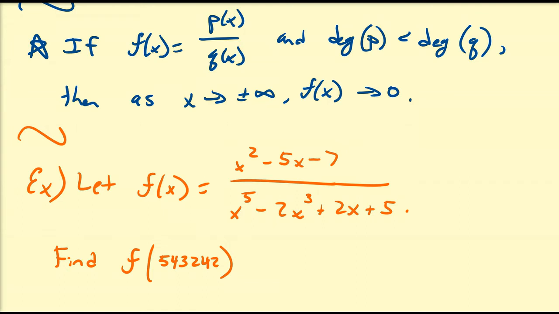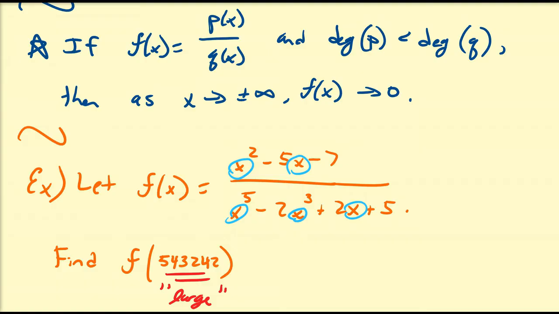So we could plug this into this function. Everywhere we see x, we just substitute our value of interest, do our order of operations, and then divide those values. But you're going to see that that's actually not quite necessary, because one can say that this number is significantly large. But of course that is a subjective statement, right?